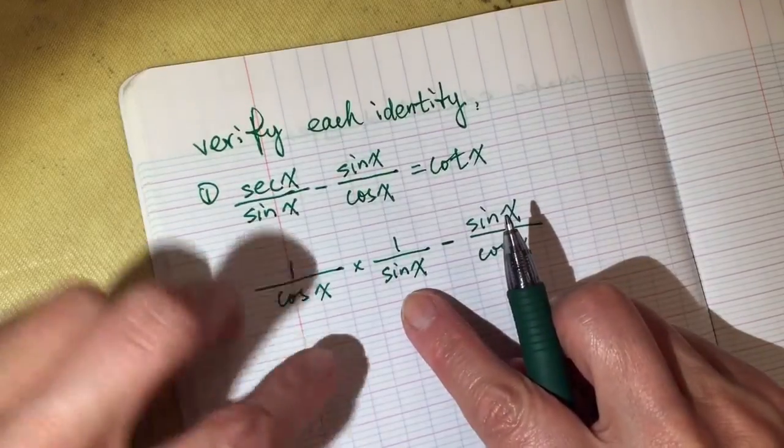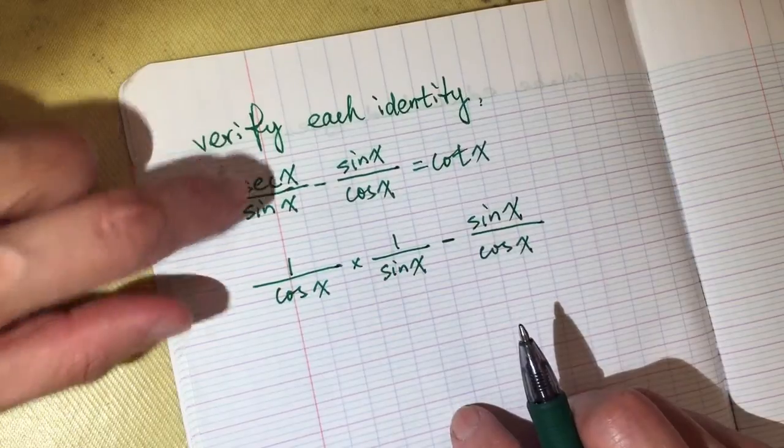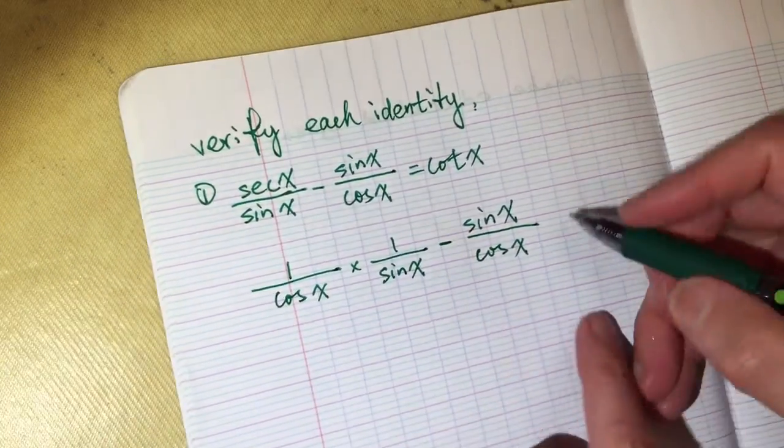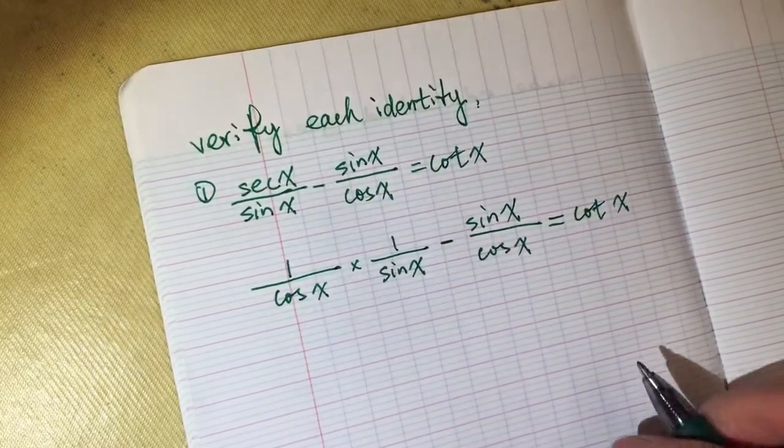Did I change anything? I didn't change anything. I just wrote this secant x in another form. Now we write down cotangent x.